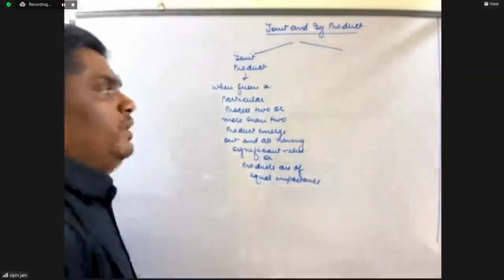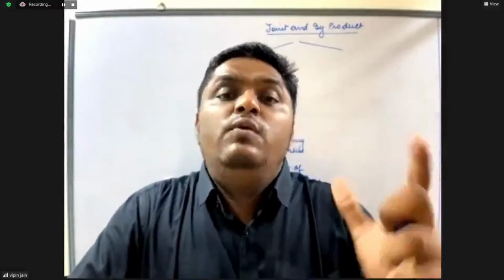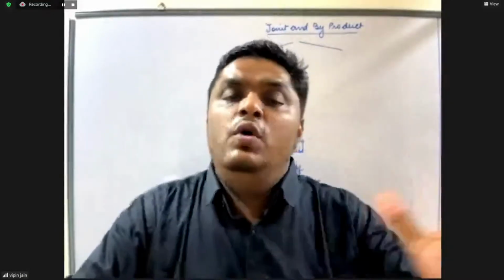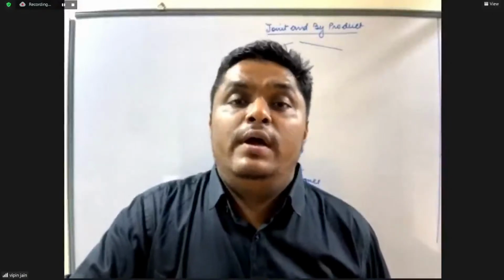When from a particular process, two or more than two products emerge out, all having equal importance or significant value, then these products are known as joint product.